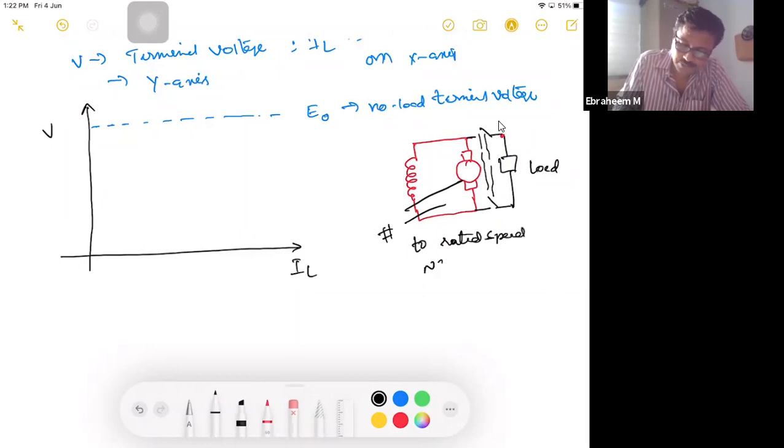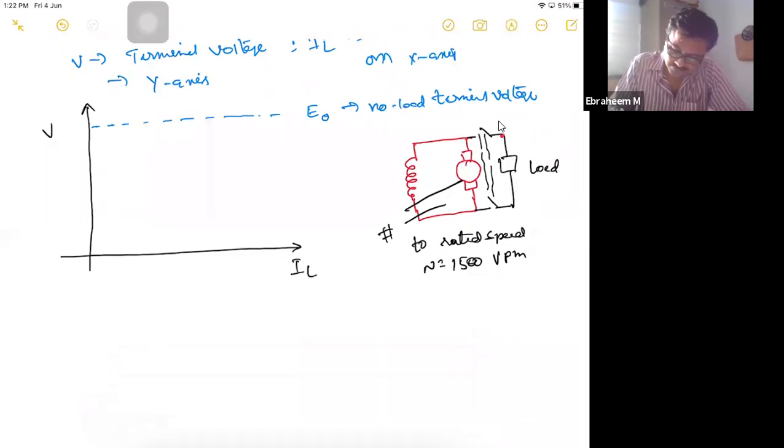For example, if speed is equal to 1500 rpm, we just start the machine using a motor, a prime mover or an engine, and we see that it rotates at 1500 rpm.